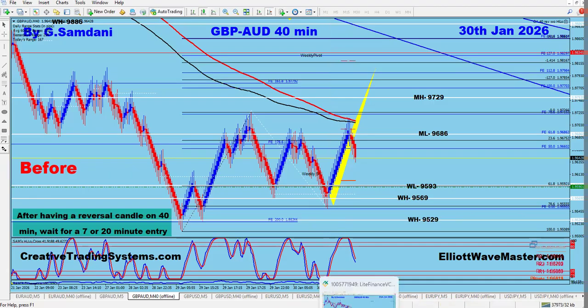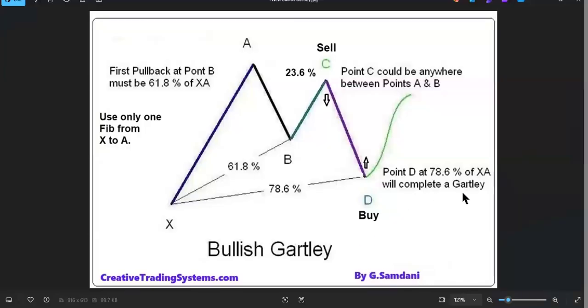This pattern is completed. Point D at 78% of XA will complete a Gartley. So what is it supposed to do when it's completed? It's supposed to go up, so you're supposed to buy here.